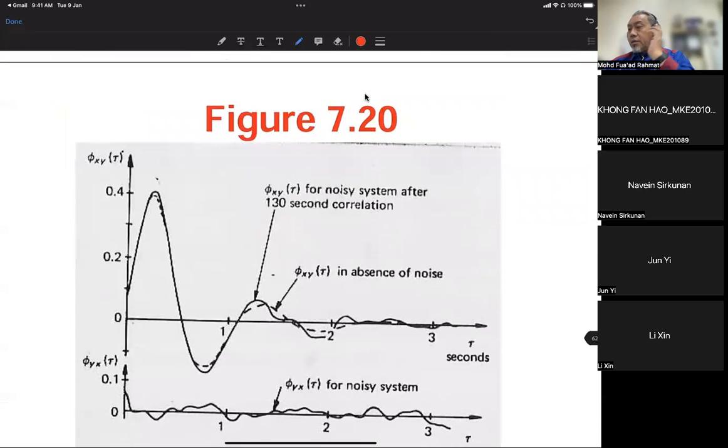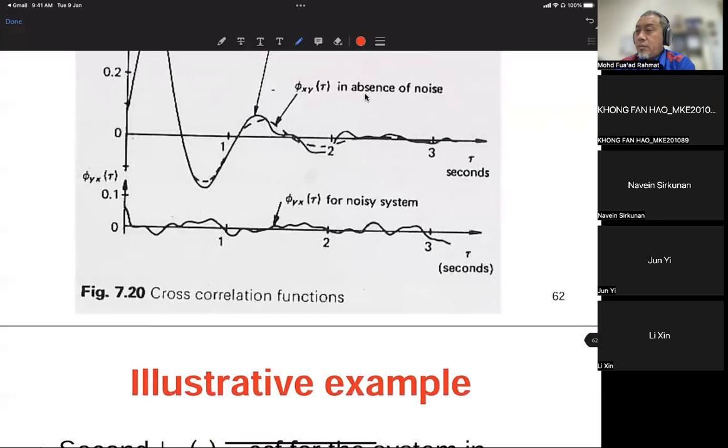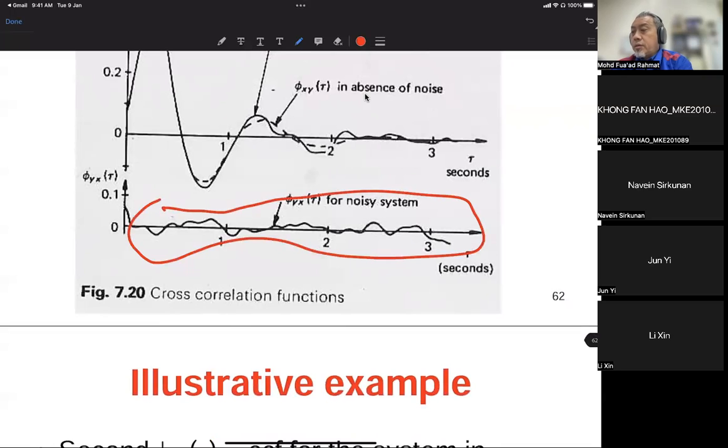You can see that in the absence of noise, the dotted line and the straight line really fulfill the expected results from the true data, which is the solid line. And this is proof that the noise has been removed from the calculations, so just a small residual is left here. We can see that it is very small and acceptable.